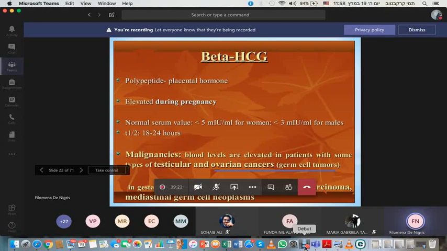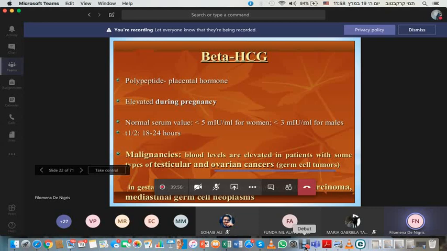Probably everybody knows this marker is a pregnancy marker, made of hormones. When we observe this marker, when we have ovarian cancer, when it is a germ cell tumor of the ovary, and also for testicular cancer, we have to exclude that the patient is pregnant.